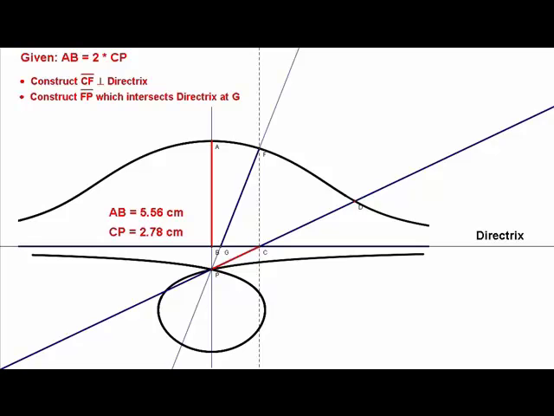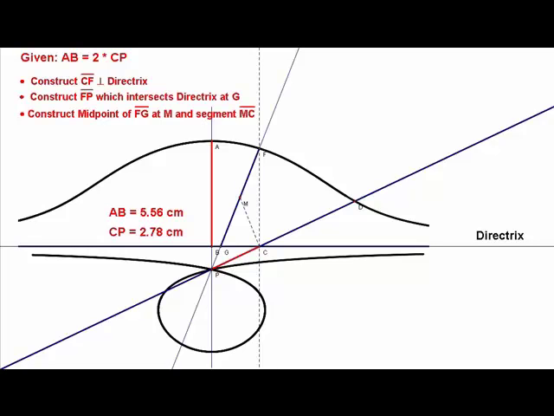Now we find a midpoint of the blue line FG, we'll label that M, and we draw a line back to the directrix at point C. Because CP is also half of AB and half of FG, we know that we have lots of segments that are the same length.